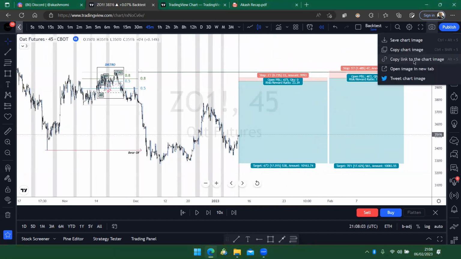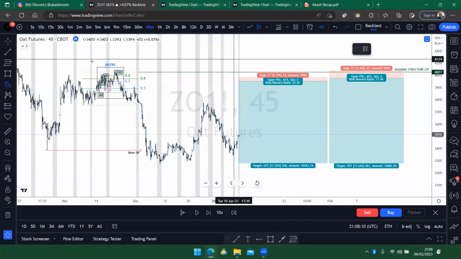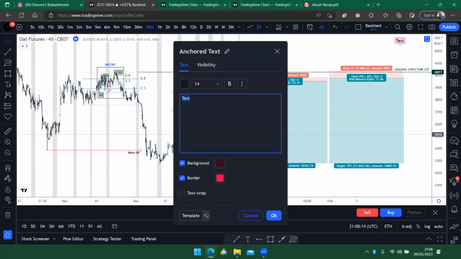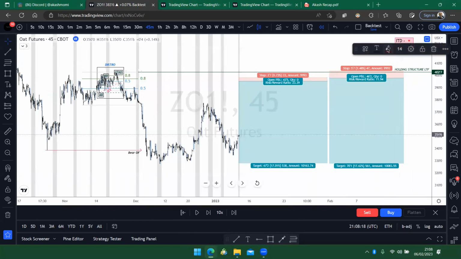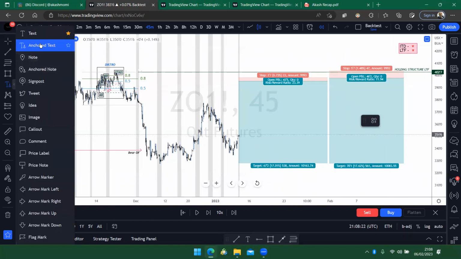So is this a valid idea? Let's look at it. So far, what do we have? We have intraday bearish, lower time frame bearish, and we have got a bullish.